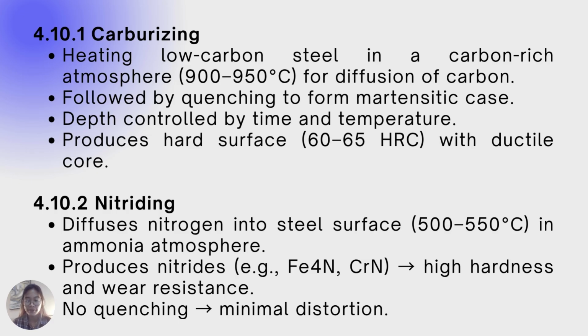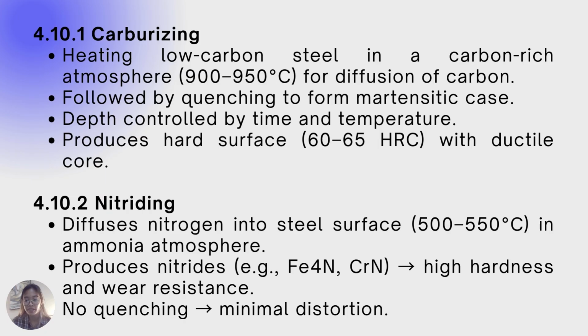Next, nitriding. The purpose of this is to introduce nitrogen into the surface to improve hardness and fatigue strength without quenching. It is carried out at 500 to 600 Celsius, or 925 to 1100 Fahrenheit, in an ammonia gas atmosphere.